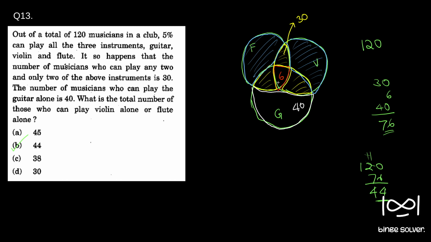If you write 5 instead of 6, you will get 45 as an answer, and that option is there also. When you quickly write, if you miss that, you will get a wrong answer. So make sure that you clearly write down what is given. Anyway, this is the solution to question 13. Option B, 44.